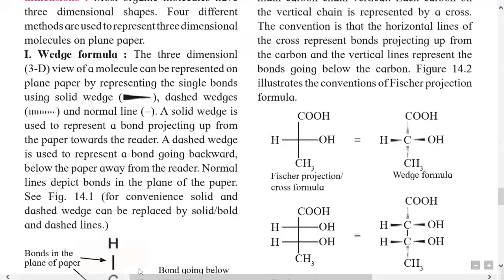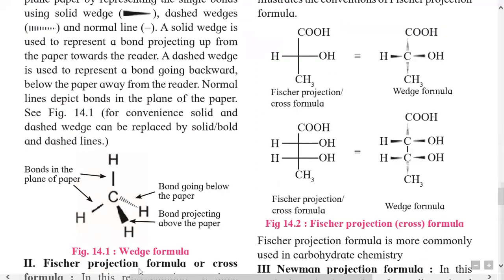The second example is, see here, the first group is CHO, second HCOH, third is HCOH and CH3. Of course, at the crossing of these vertical and horizontal lines, there is a carbon atom.